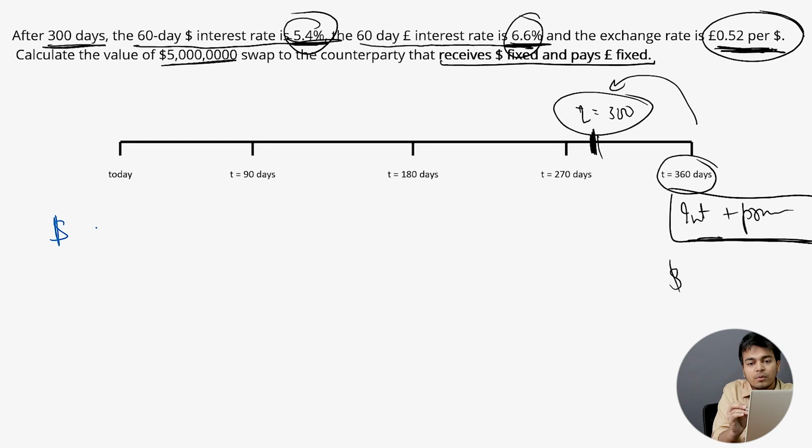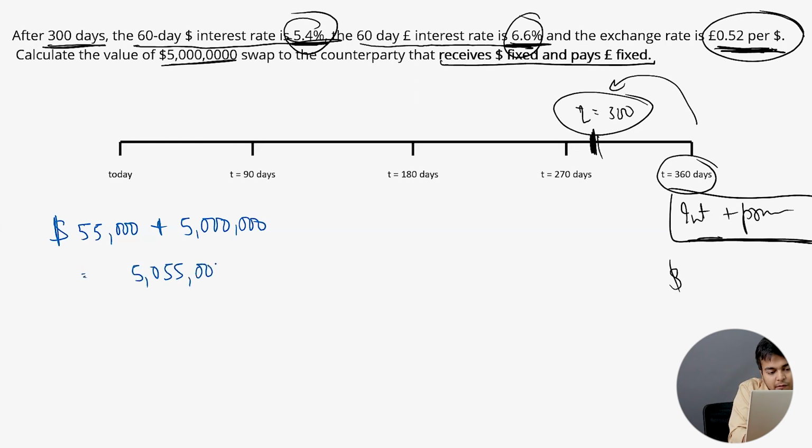So the interest amount that we are going to receive is 55,000, and the principal that we have is 5 million. So that would be 5,055,000. That we need to discount. By how much? By the rate, that is 1 plus 0.054 into 60 upon 360.